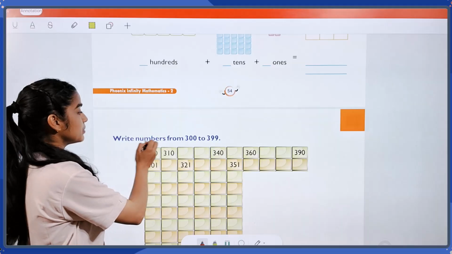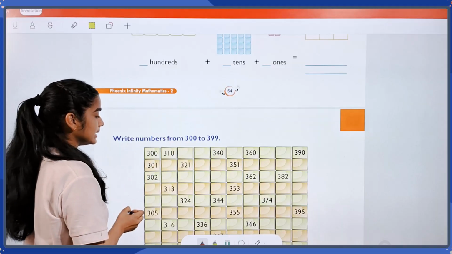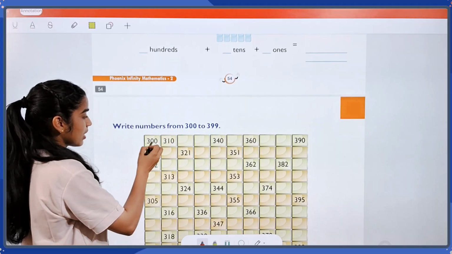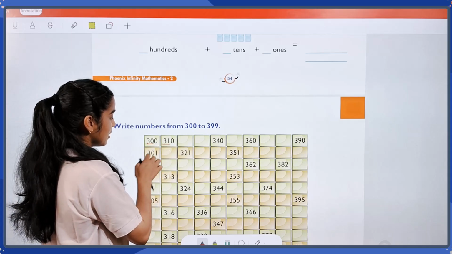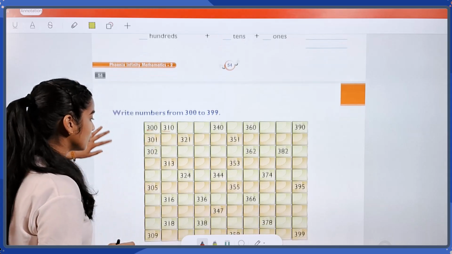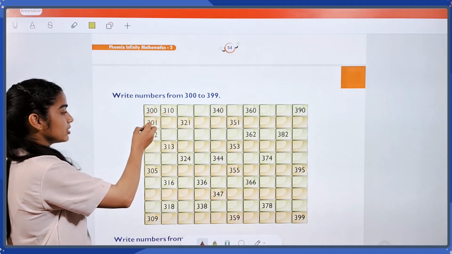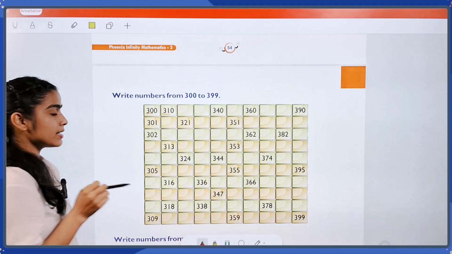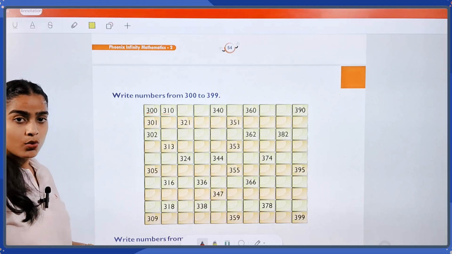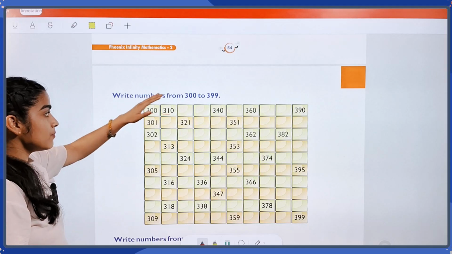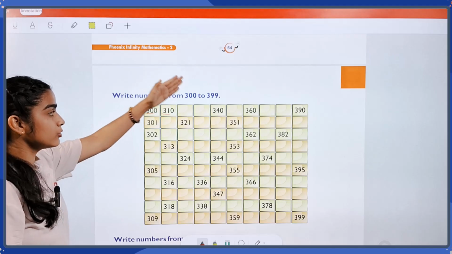Now write numbers from 300 to 399. If you see here, you have 300 and 310, which means you have to start your counting vertically. So 300, after 300 we have 301. In the same way as 100 to 199, 200 to 299, we follow the same process for 300 to 399.